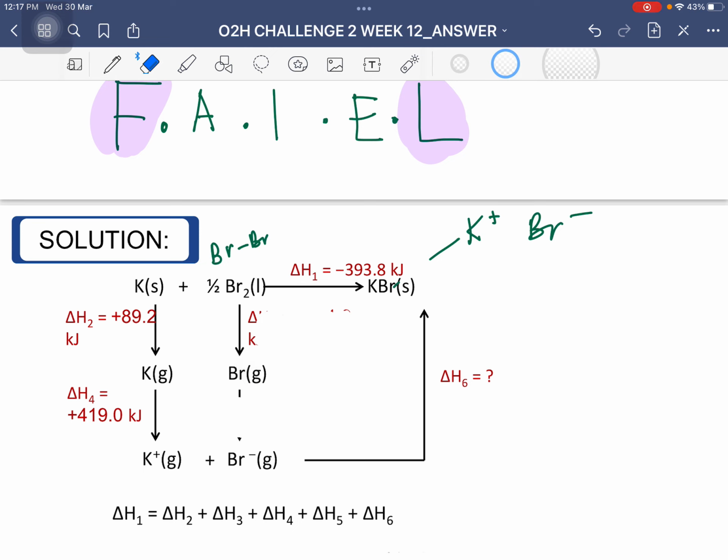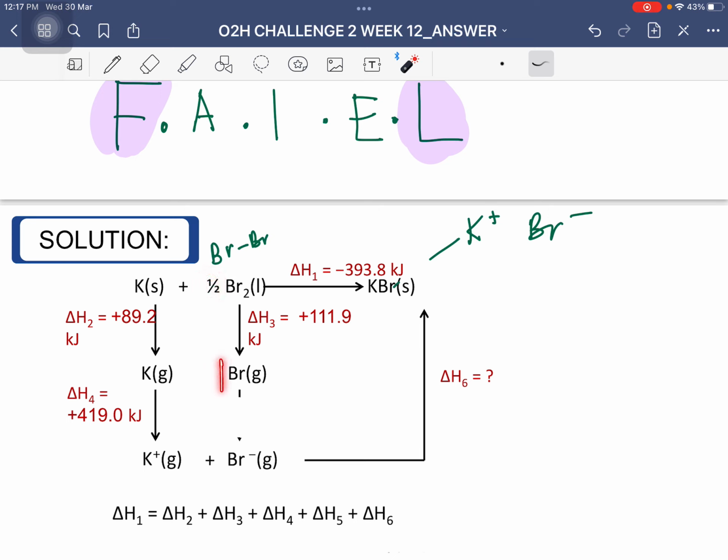So dekat sini setengah Br2, dekat sini kita nak form 1 mole Br. Therefore we don't need to multiply with anything. We just put the enthalpy atomization for bromine. Maksudnya untuk form satu bromin ini perlukan sebanyak 119. So sekarang setengah ni sebab kita nak maintain dekat sini 1.